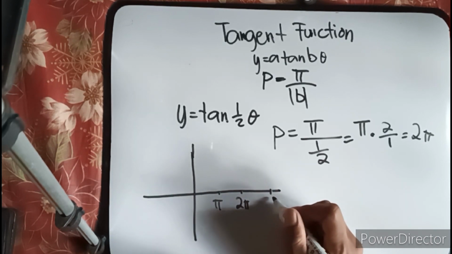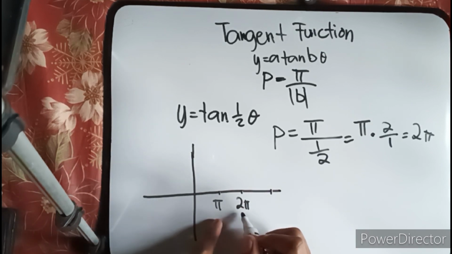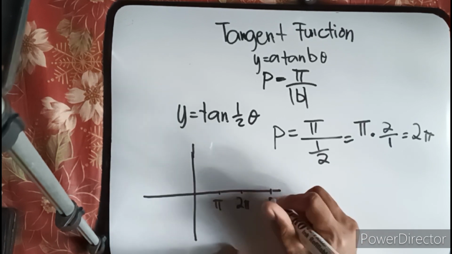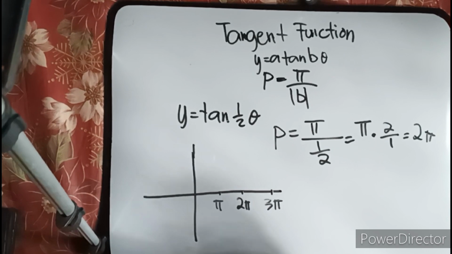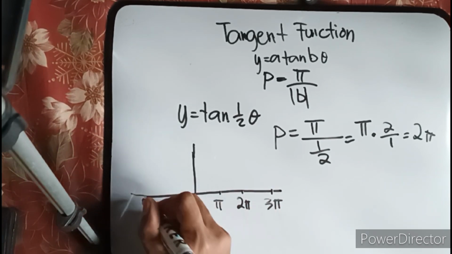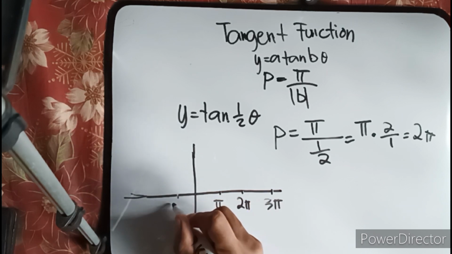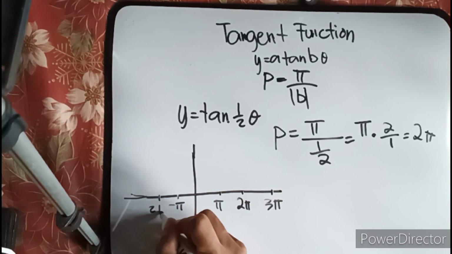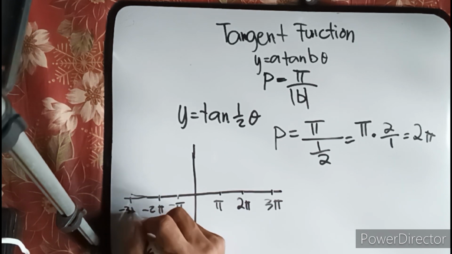And for this point here, all we need to do is add these two values, so 2 pi plus pi is equal to 3 pi. Let's also put on the negative side negative pi, negative 2 pi, and negative 3 pi.